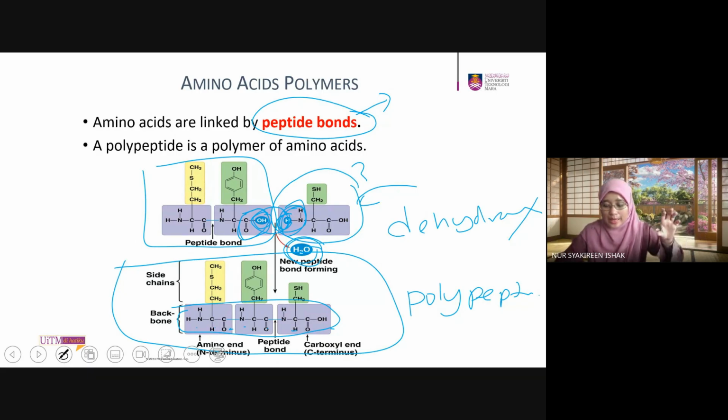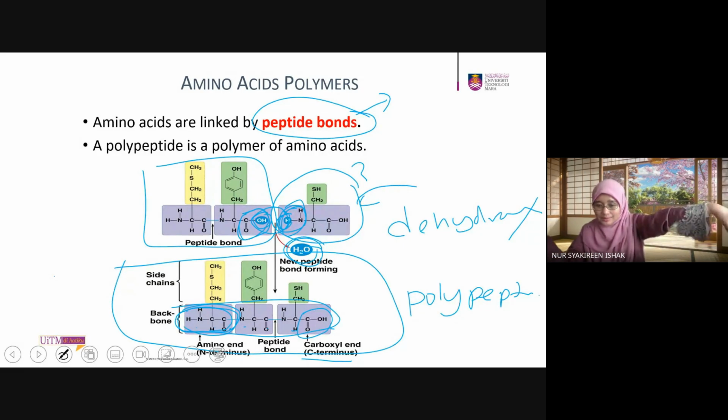At the beginning of the polypeptide chain, at one end, we call it the N-terminus, because at that end the amino group is free, from the amino acid at the very end. The other end of that polymer has a carboxyl group, so we call it the C-terminus.